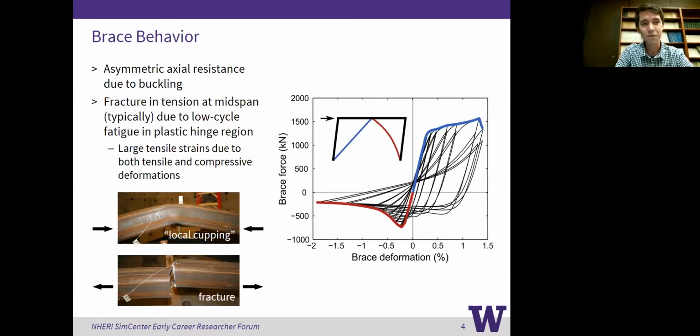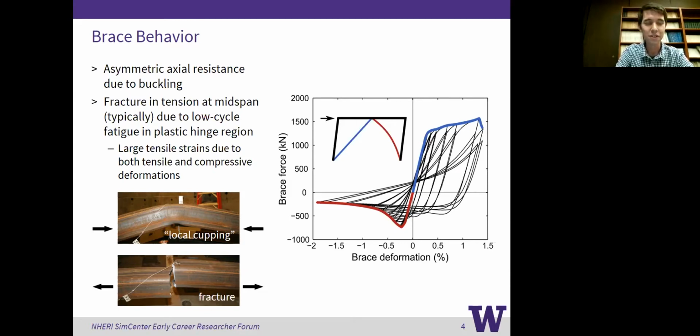Braces fracture in tension at their midspan typically, and this is due to a low cycle fatigue issue in the plastic hinge region. In the top photo, I'm showing this local cupping deformation, as we call it, where you're really getting this high accumulation of tensile strains in that plastic hinge region in both tension and compression.